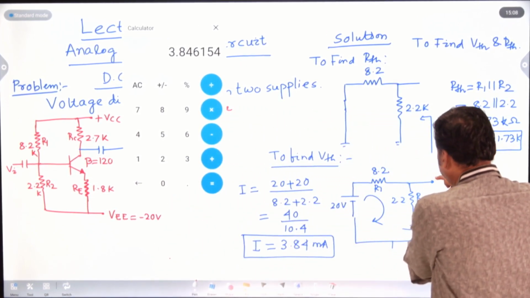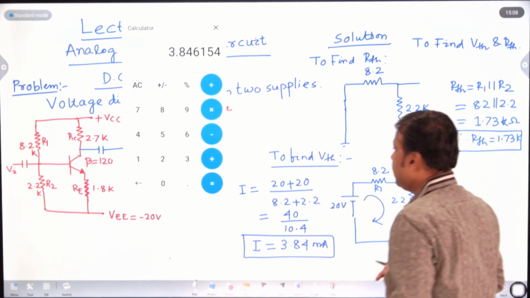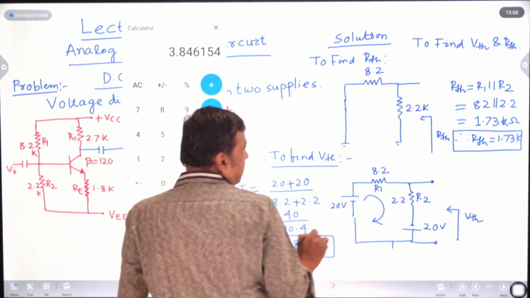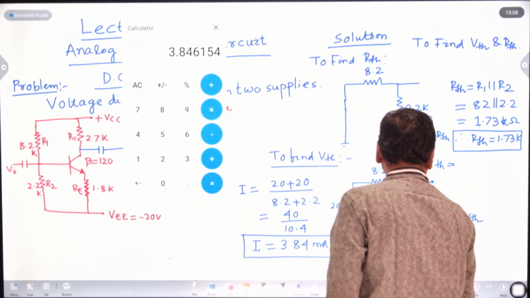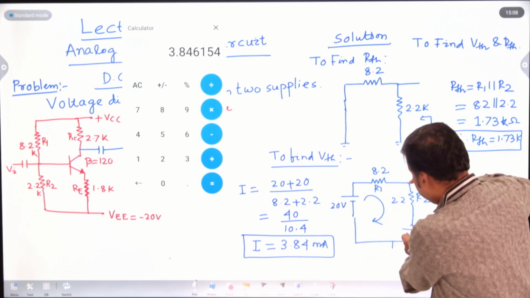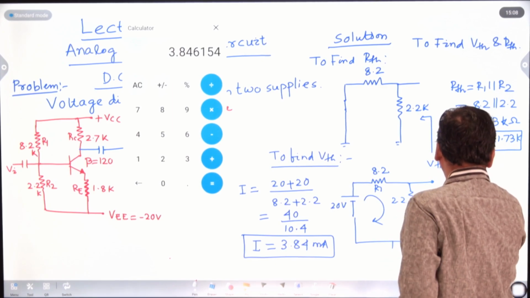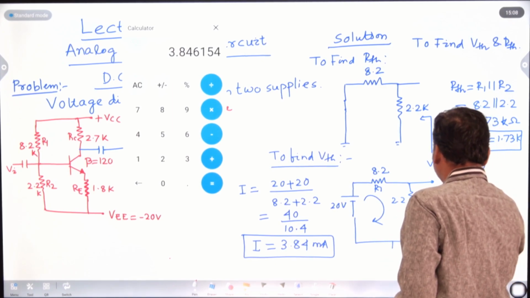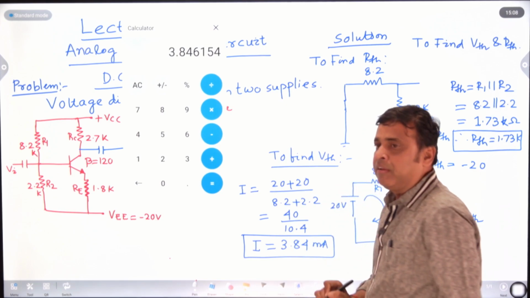Remember, this is nothing but your voltage. So how to calculate the VTH? Your VTH, Thevenin's voltage, equal to, so this voltage is nothing but your VTH. Like plus to minus minus. So minus 20. The current flows like this. This is your plus terminal and this is your minus terminal.